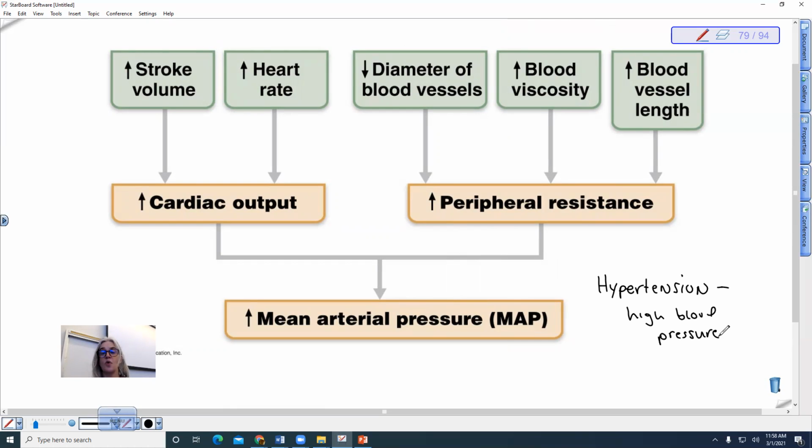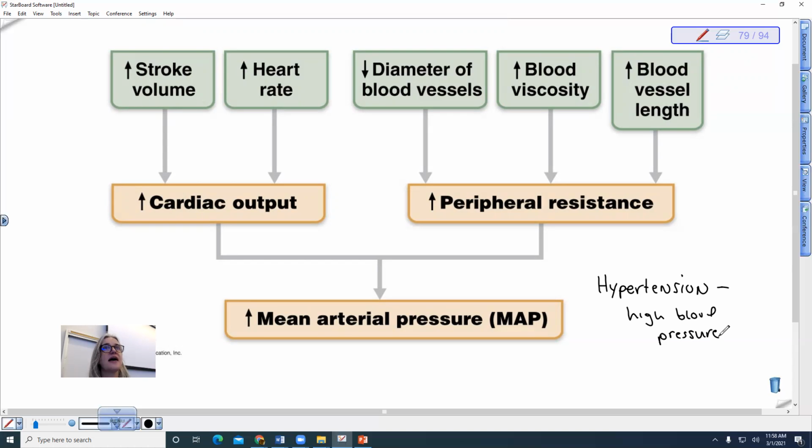It could lead to blood vessels being ruptured. It could also damage your kidneys and other organs as it goes into the capillaries. So hypertension has a variety of bad effects. It can also affect your heart itself, because your heart has to pump against this pressure in your peripheral circulation, so it has to pump more forcefully.